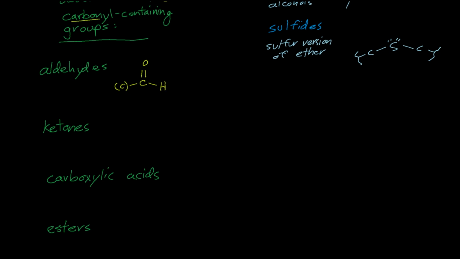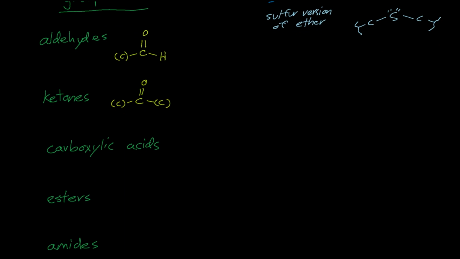That's an aldehyde. A ketone is a carbonyl connected to carbons on both sides. A carboxylic acid is a carbonyl connected to an OH on one side and a carbon, etc., on the other.